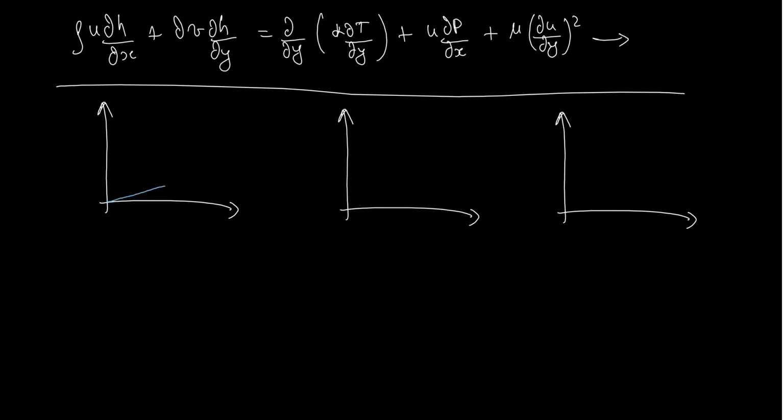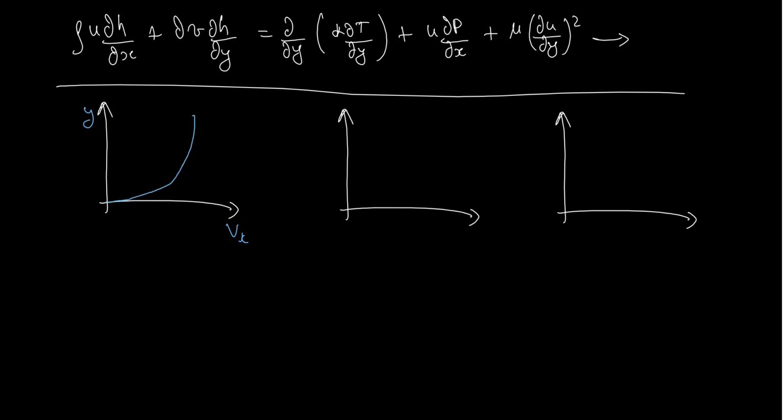I'm trying to sketch the velocity profile here, y versus u along x. So this is my velocity profile for a normal boundary layer.